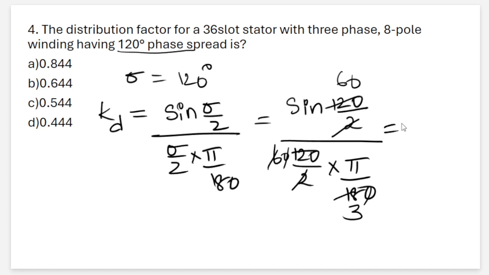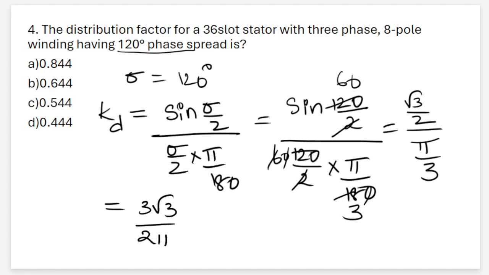So sine 60 is equal to root 3 by 2, divided by pi by 3. It is rewritten as 3 root 3 by 2 pi. Simplifying these values, we get 0.824. It is nearly equal to 0.844. So here option A is the correct one.